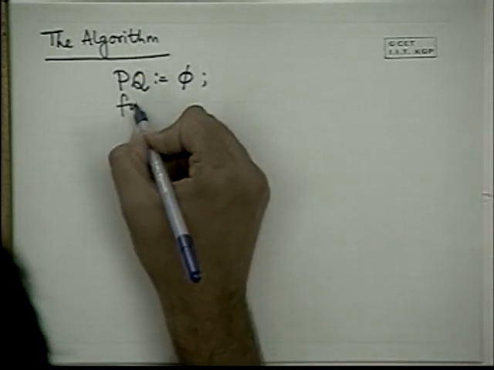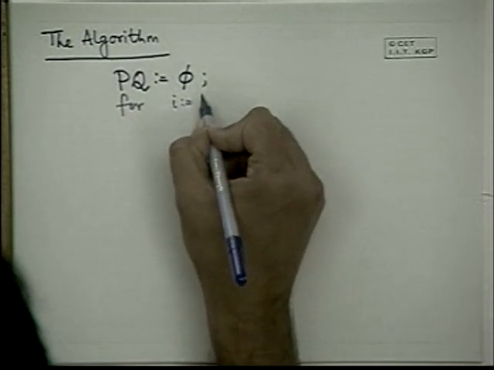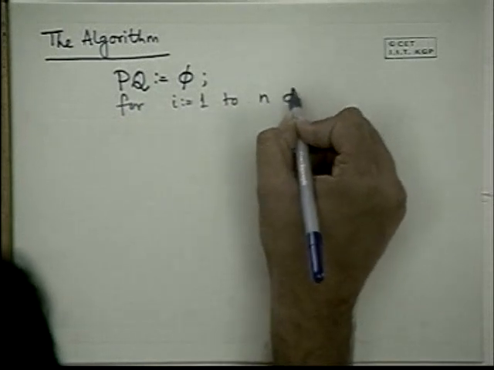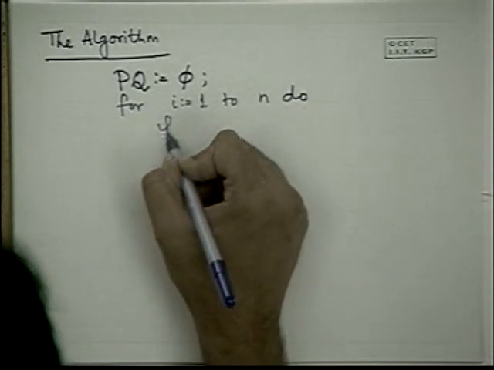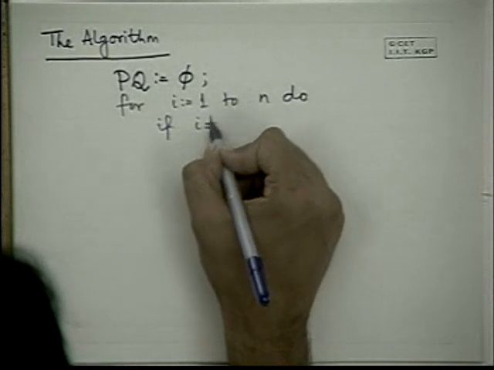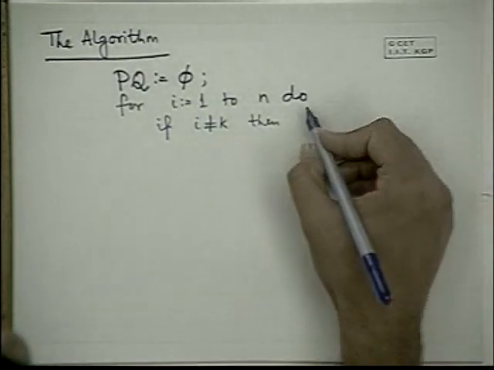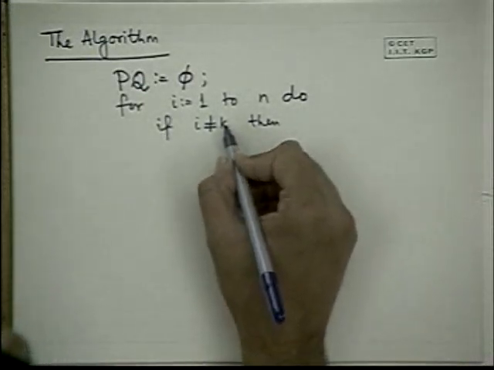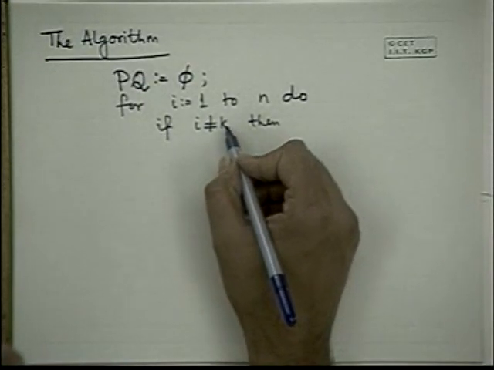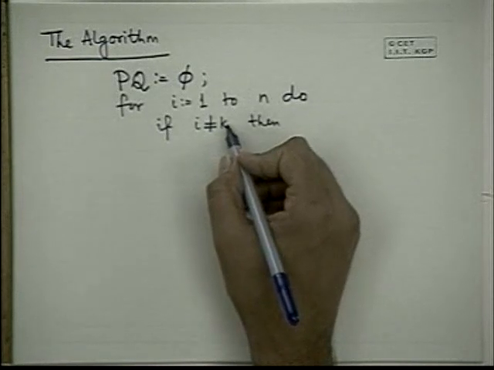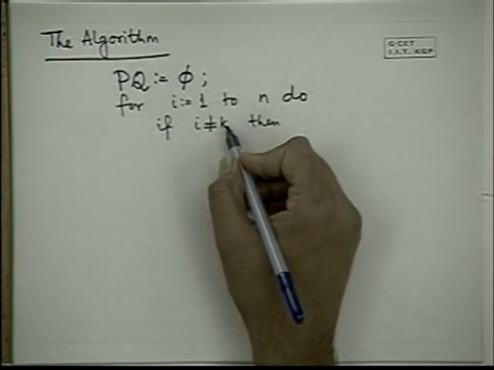Then for i equal to 1 to n, do: if i is not equal to k, then, you remember what i not equal to k is? This k is the index of the vertex which is taken as the source vertex.